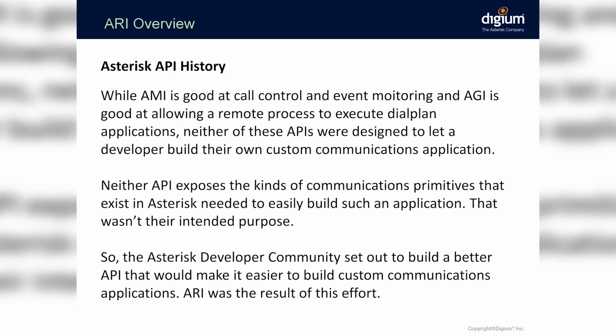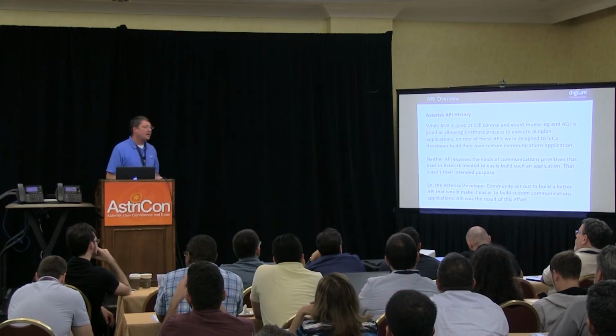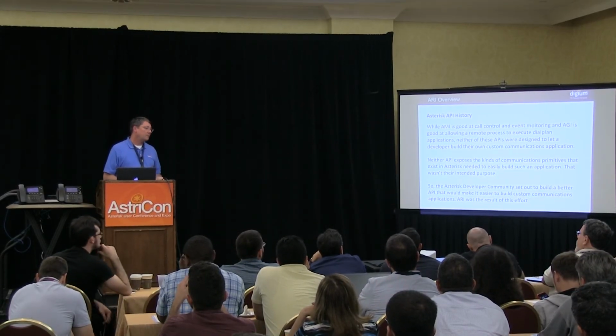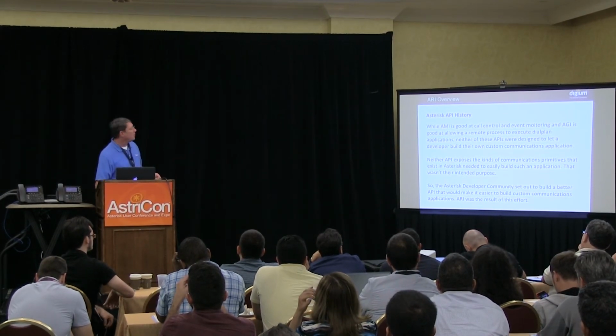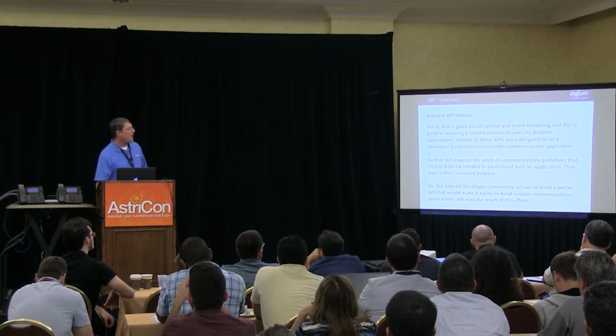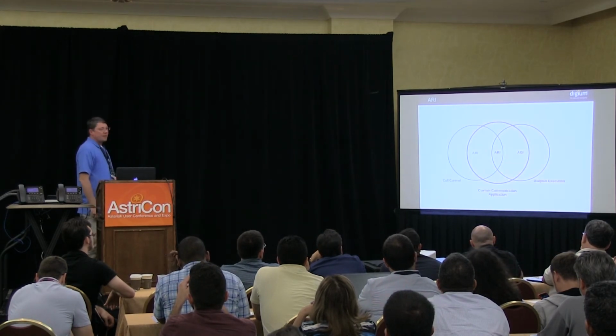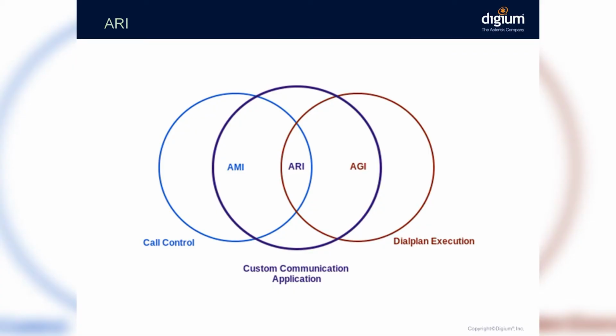But one thing they did not do is allow you to actually write Asterisk applications in a different language other than the C modules that are how most Asterisk applications are written. So they came up with ARI, the Asterisk RESTful Interface, and it sits in between AMI and AGI. There's a little overlap of the things it can do, but it's really designed for a different use.